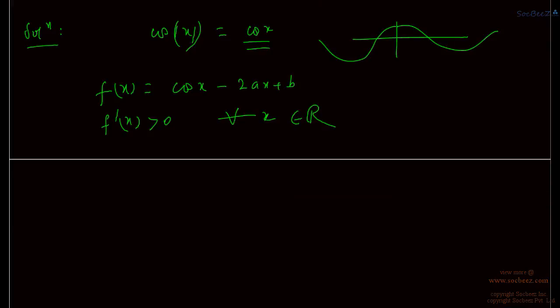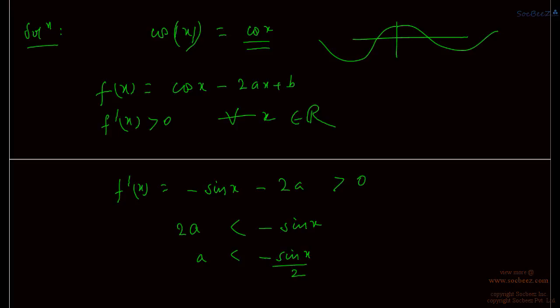So we have f dash x as, differentiation of cos x is minus sin x, minus 2a, right? This should be greater than 0. Or we have 2a less than minus sin x. That is, a is less than minus sin x upon 2 for all x.